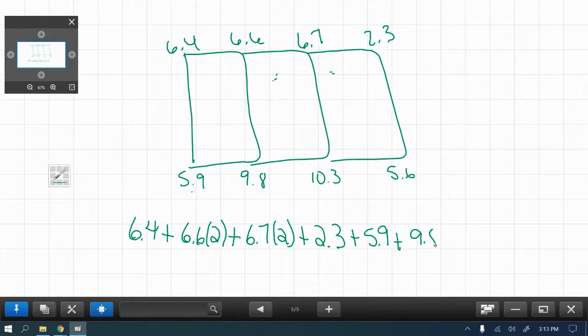Then 9.8 times 2 plus 10.3 times 2. And then the last one is 5.6. So I would add all of those together. And then I'm going to put that in the chart. That's the sum of the corner cuts. I haven't divided it or anything yet. I'm just going to add that in. So that would be AD.